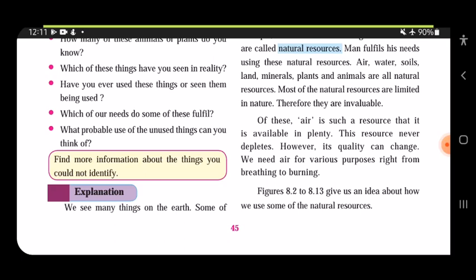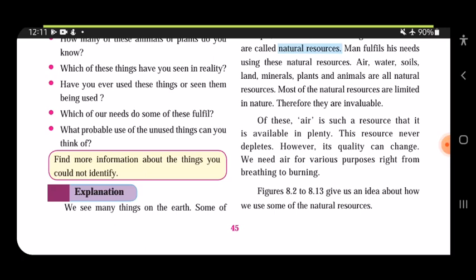Now we can't see air, but we can feel air. This resource never depletes. However, its quality can change, but it never gets over. We need air for various purposes, right from breathing to burning.